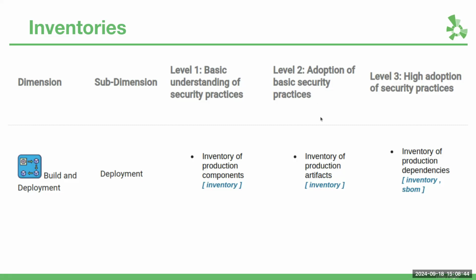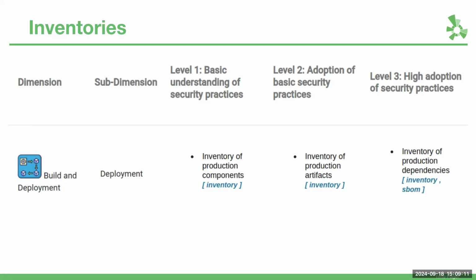And in level 2, you see that you have already an inventory of production artifacts. So the difference here is that the inventory of production components is just the application name, for example, in an Excel list of the CISO of that organization, while production artifacts for me already means that I know which microservices this application is composed of.